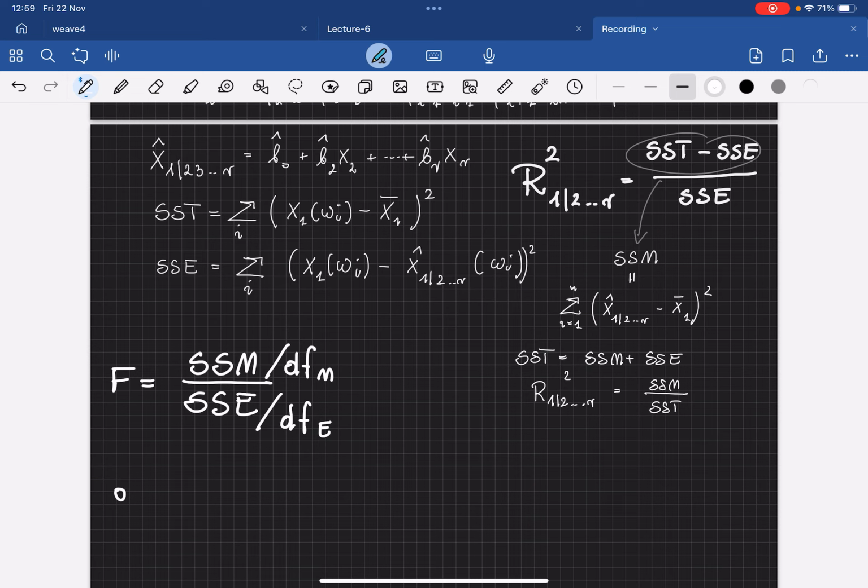The number of degrees of freedom of the error equals the number of elements of the sample minus the number of estimated parameters.